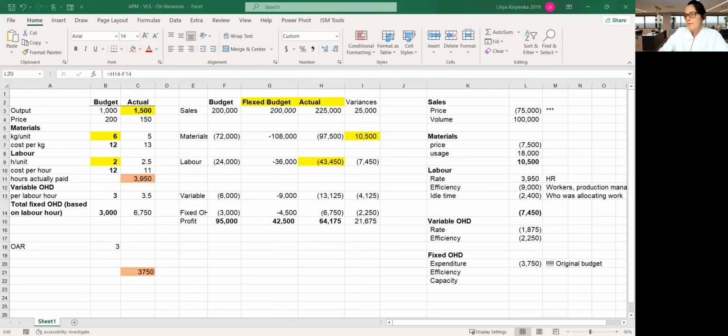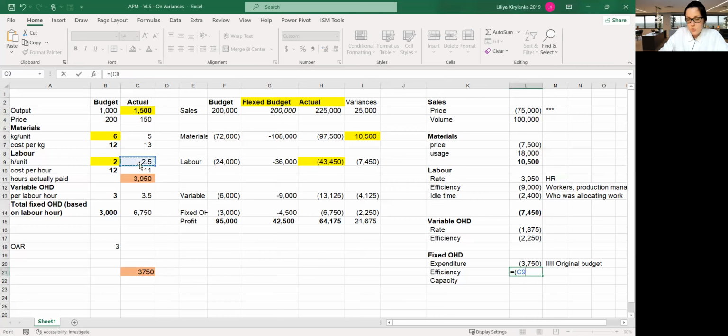Now we need to take efficiency variance. And we think that our fixed overheads are apportioned based on labor hours. Yes, based on labor hour. So what we are going to do, we are going to find the difference between the labor hours that were worked and the labor hours that were budgeted, so efficiency.